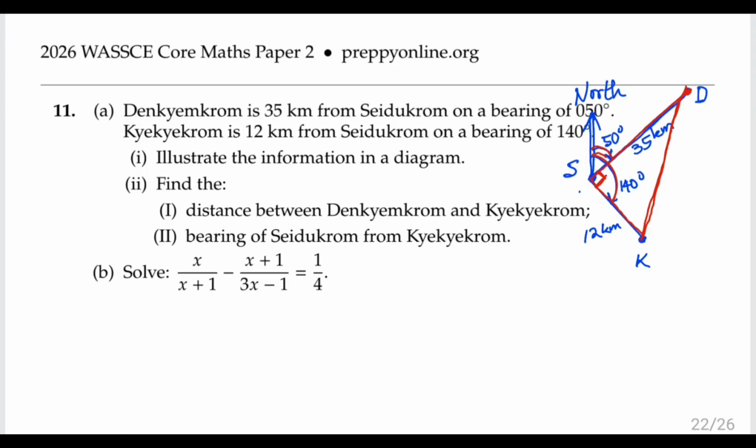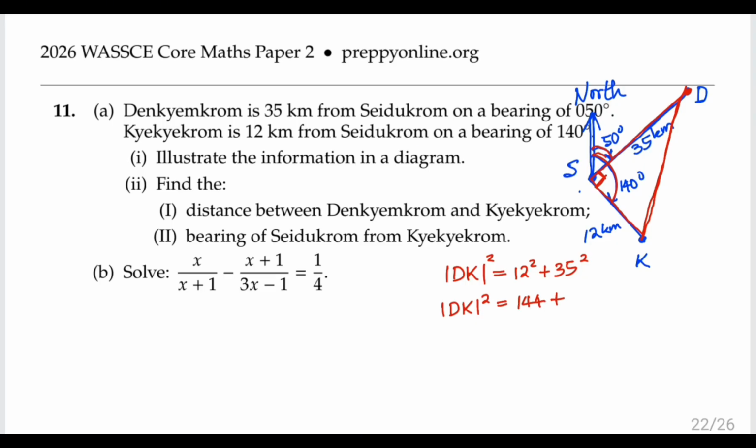So we use Pythagoras theorem. Pythagoras theorem says that the length of the hypotenuse, let me write that, DK, so the length of that squared is equal to 12 squared plus 35 squared. All right, so we can punch these things into our calculator to see what we get. 12 squared is 144.